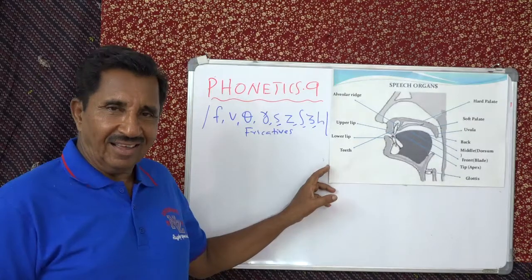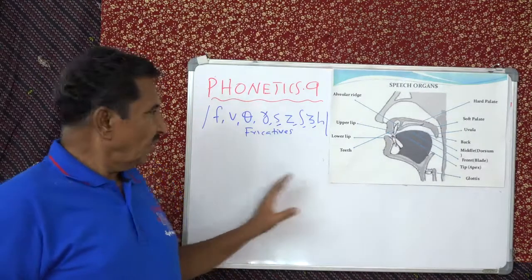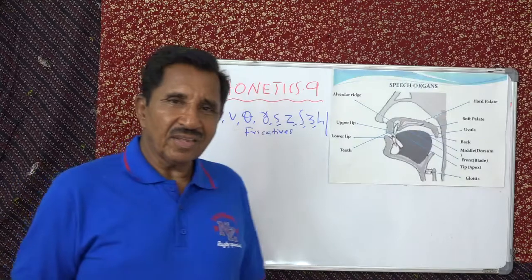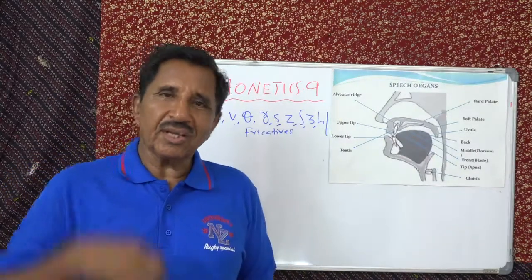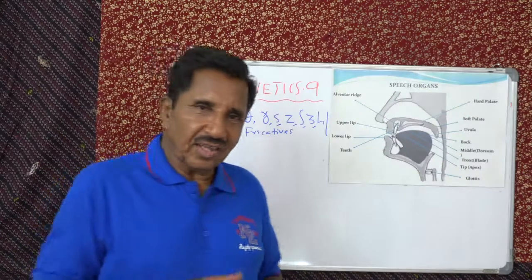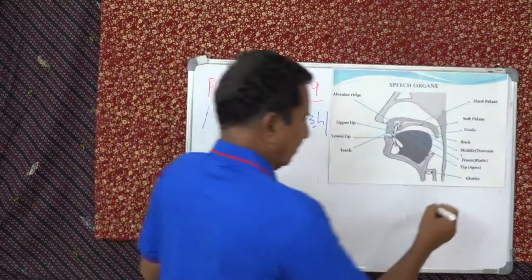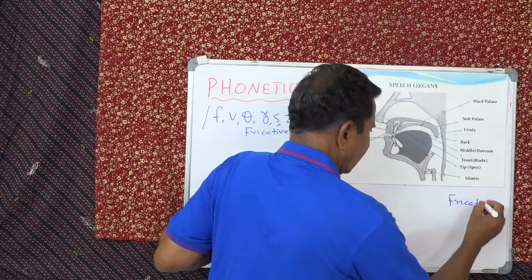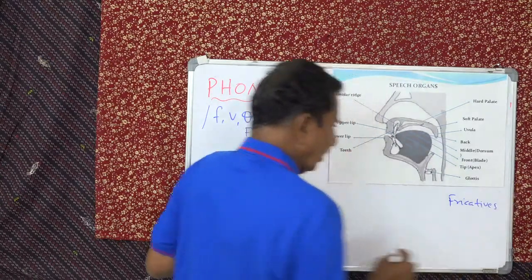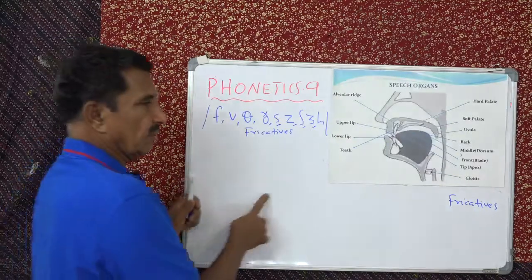Ha. That's all. So all the nine consonant sounds, when you produce them, you hear a friction sound. So they are fricatives. Understand? This is friction sound.